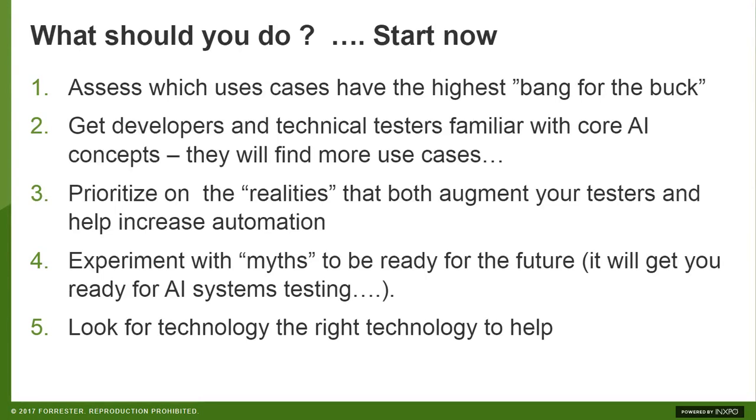In order to achieve higher levels of automation and autonomous testing, it's clear that we have to go through augmentation of our testers before we can get to the full dream of full automation, if ever. And experiment with those that are myths. Start experimenting today, because those are the ones that will get you ready, or at least on the right track, to the AI systems testing itself.